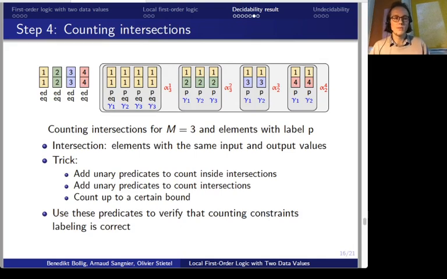So next, step 4. We want to reduce the counting constraint to FO2, and to do this, we count the elements in the intersection. What we call intersections are sets of elements with the same input and output value.